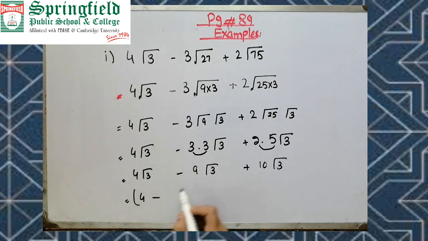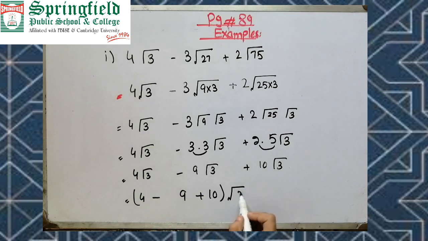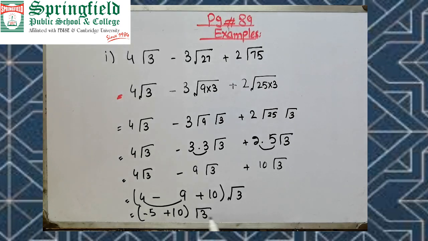So 4 will become 4 minus 9, leave the coefficients inside the bracket and take the common third value. Fine. The third value is just under root 3. So 4 minus 9, 4 has plus sign, so plus minus minus: 9 minus 4 is 5, but the sign will be minus because 9 is the greater and 9 has negative sign. Plus 10 under root 3. So minus 5 plus 10, 5 under root 3, and this is the final answer.